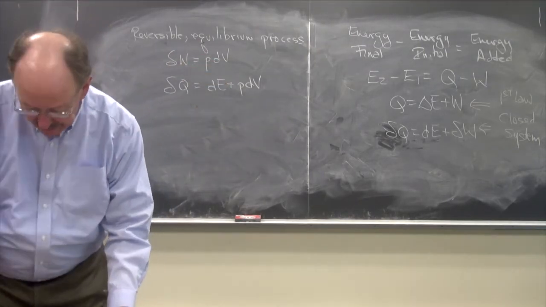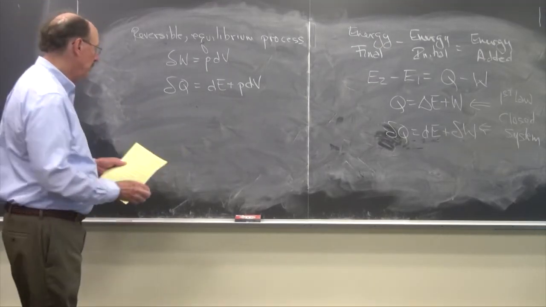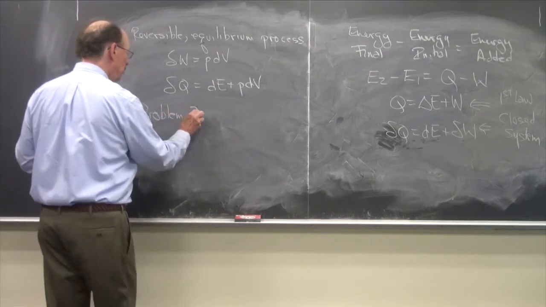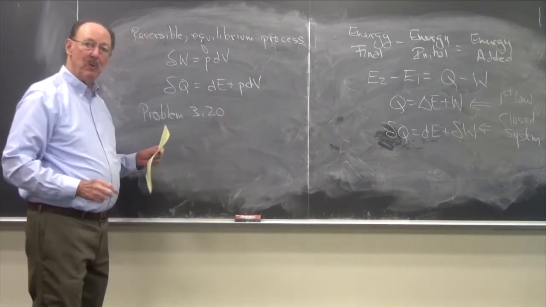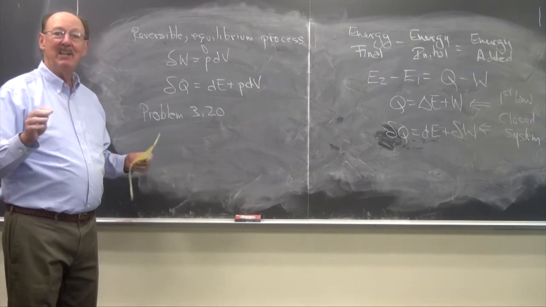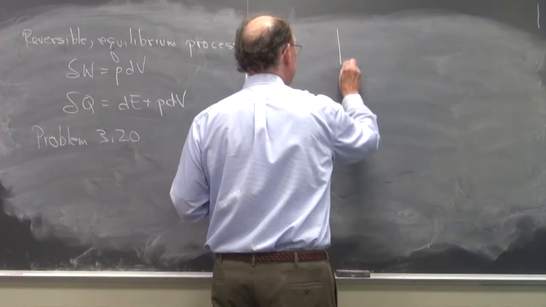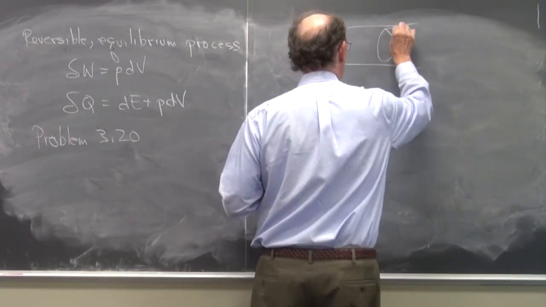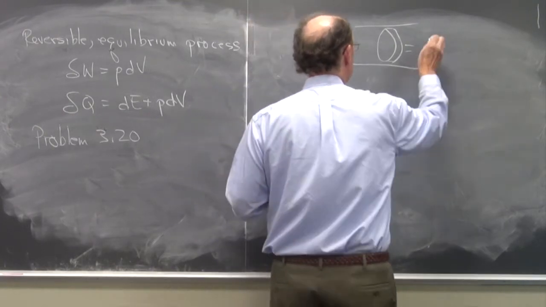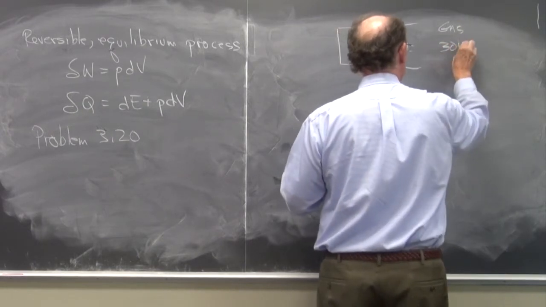Now let's look at an example of how we can apply the first law for a closed system. Let's look at problem 3.20. You may want to stop the tape at this time and go to the book and look up problem 3.20 and see what's going on. So I have a piston cylinder with a gas, 30 kilojoules Q out.